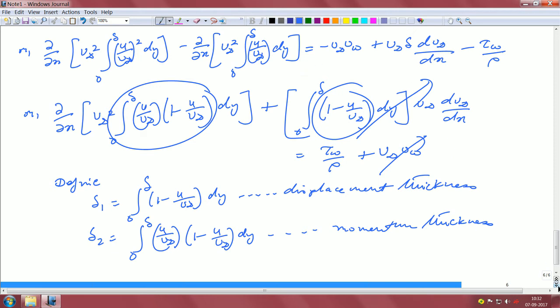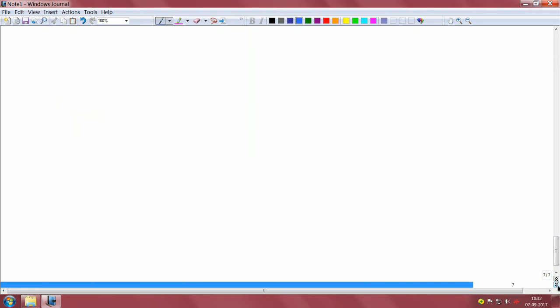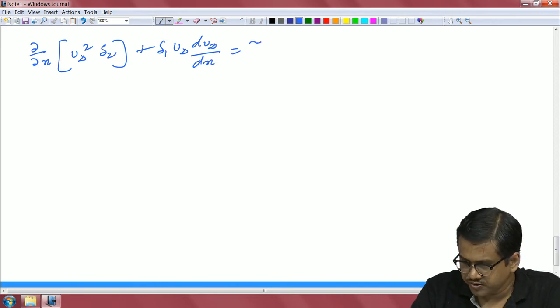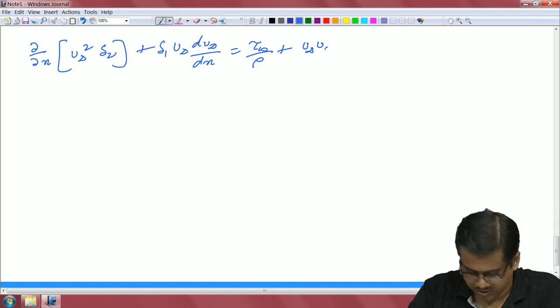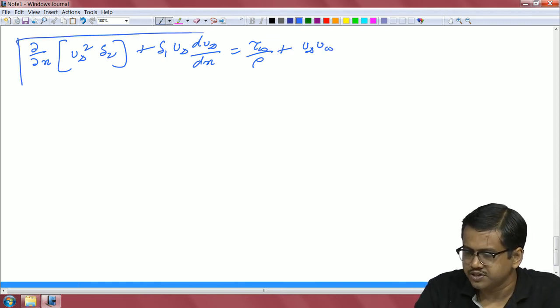Now, putting these two terms in, this is the global equation.